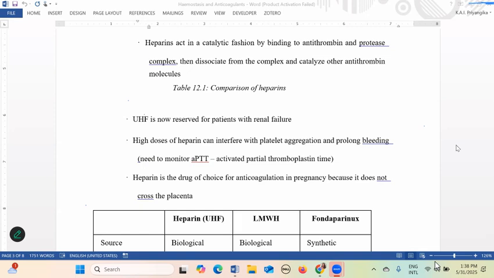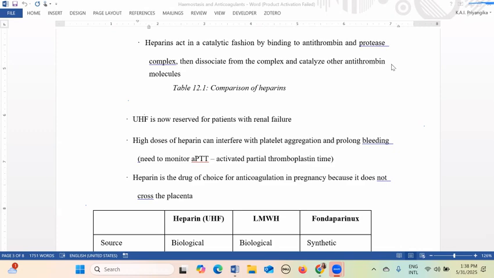There's no renal excretion. Yes, unfractionated heparin is not excreted through the kidneys.